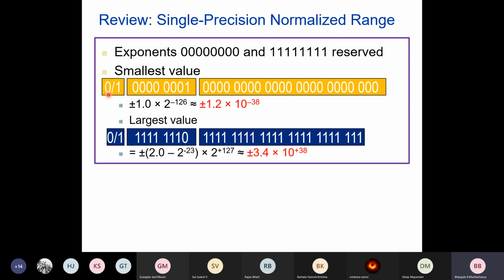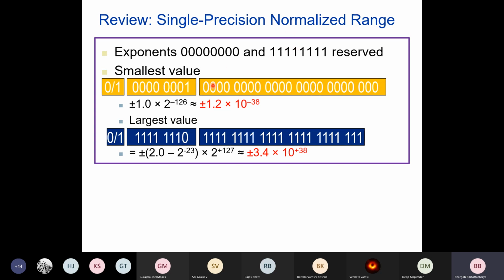As you know, when we talk about single precision arithmetic, I have 1 field for the sign, 8 for the exponent, and 23 for the mantissa. There is a hidden one which is not explicitly represented here. This is called normalized range.